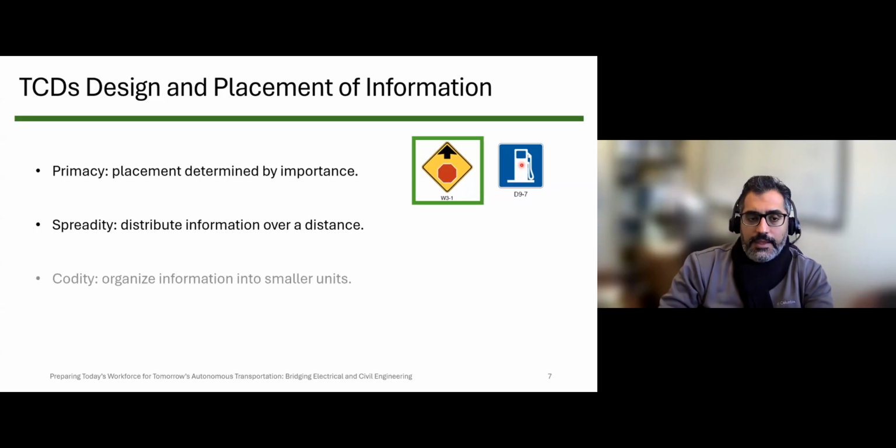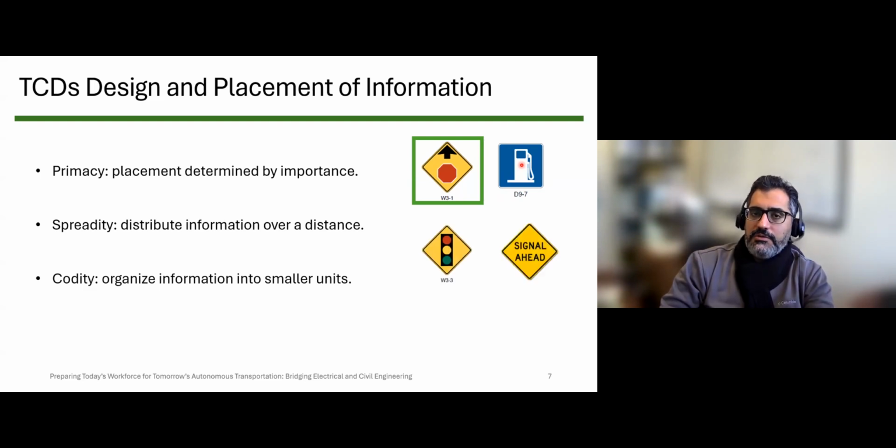The other one is codity, going back again to the best means, ways to communicate the information. Codity is supposed to organize information into smaller units. Let's say you're approaching a signalized intersection, and we want to make drivers aware of the presence of this traffic signal.